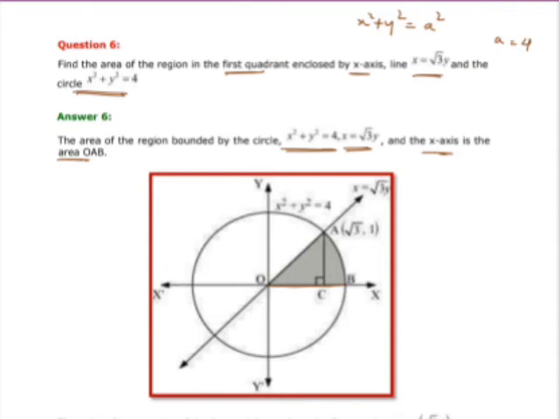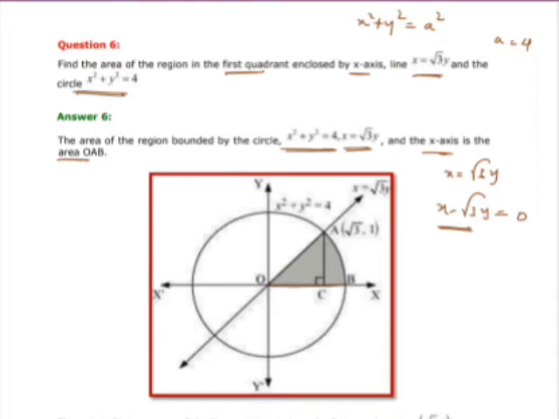The line we have drawn is passing through the origin when x equals root 3 y, or you can take x minus root 3 y equals 0. So in this case, this line passes through the origin only, right? So when x equals 1, y value is 1 by root 3.